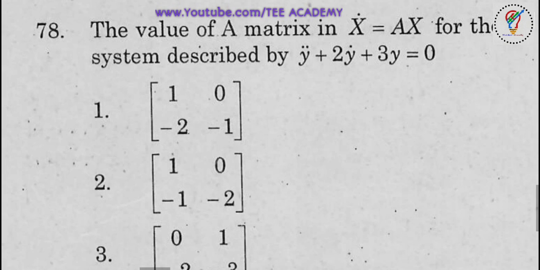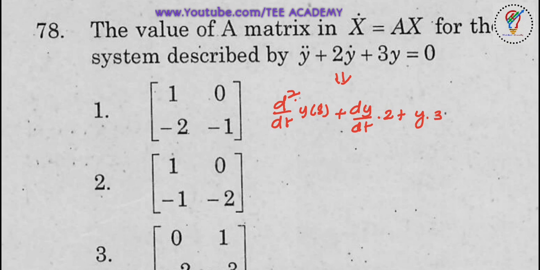Now, the value of matrix A in x dash equals A into x, for the system described by y double dash plus 2y dot plus 3y equal to 0. So if I write this equation in Laplace transformation, we can write d square y by dt square plus dy by dt into 2 plus y into 3 is equal to 0.